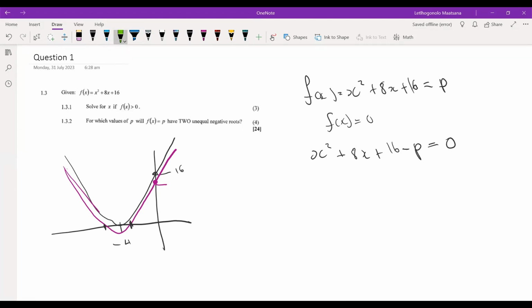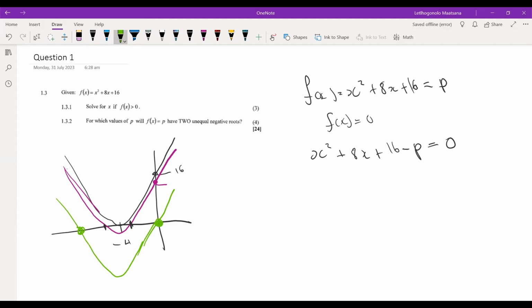So let's say our intercept as a whole is equal to 0. What's going to happen to our graph is that it's going to go down so low that it only cuts this part and that part, and that's not part of the restrictions that they've given us. They don't want it to be equal to 0. They want it to be equal to a negative value. So we don't want that.